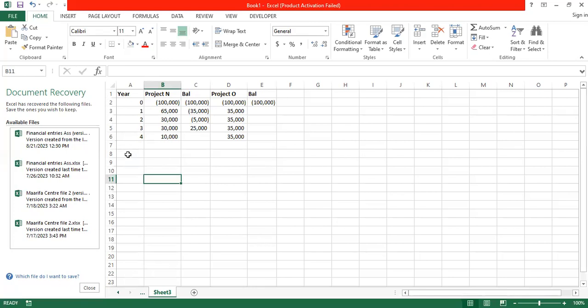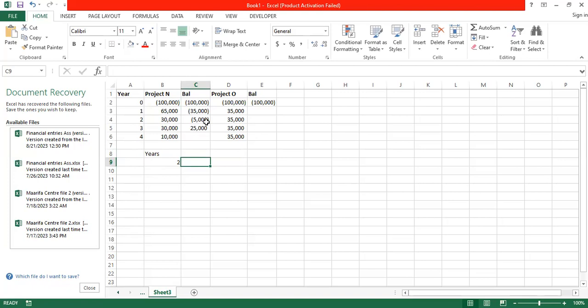So I'm going to put it this way: number of years, we can see it's going to be 2 years there. So what was outstanding now? In year 2, we only have 5,000 outstanding, and then into year 3 we are getting 30,000. So we don't need all that 30,000 there.